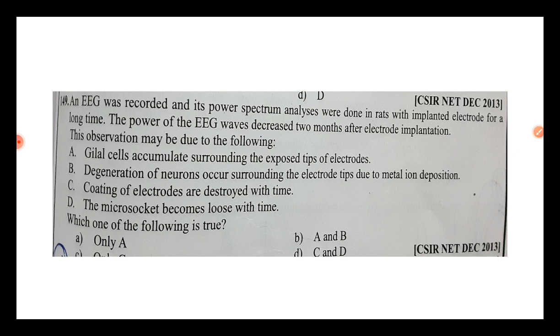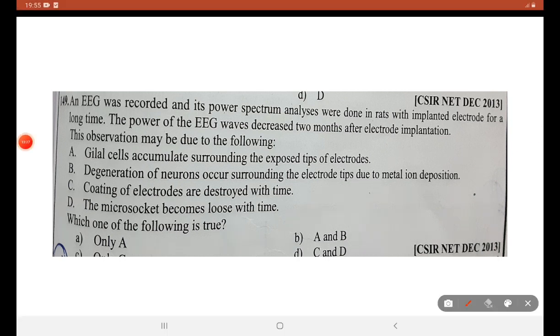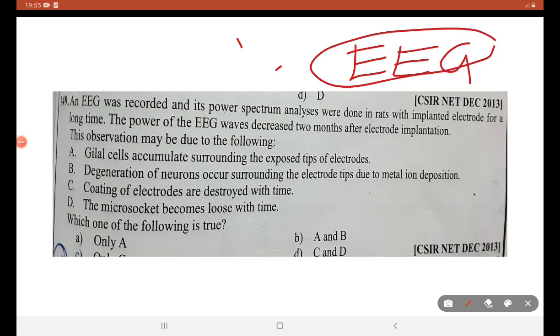Next, about the electroencephalogram. An electroencephalogram was recorded and its power spectrum analysis was done in rats with implanted electrodes for a long time. Power of electroencephalogram waves decreased 2 months after electrode implantation.